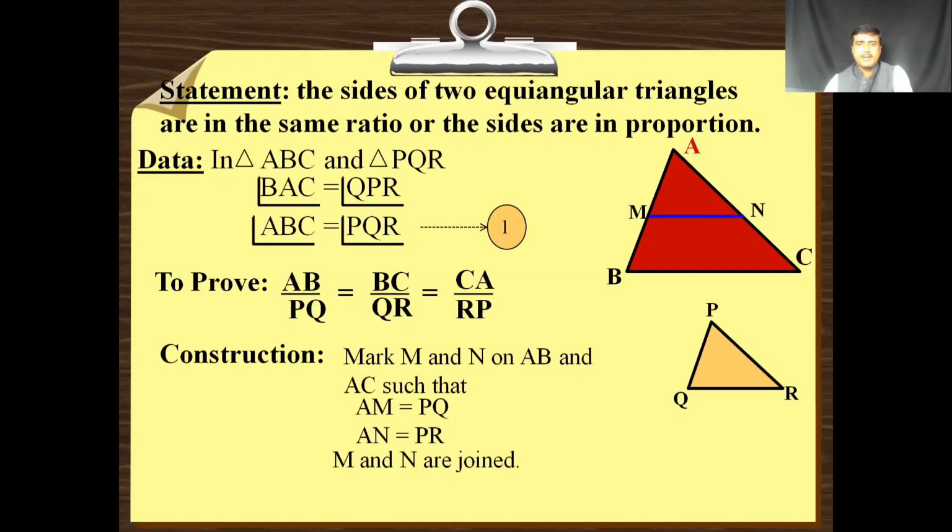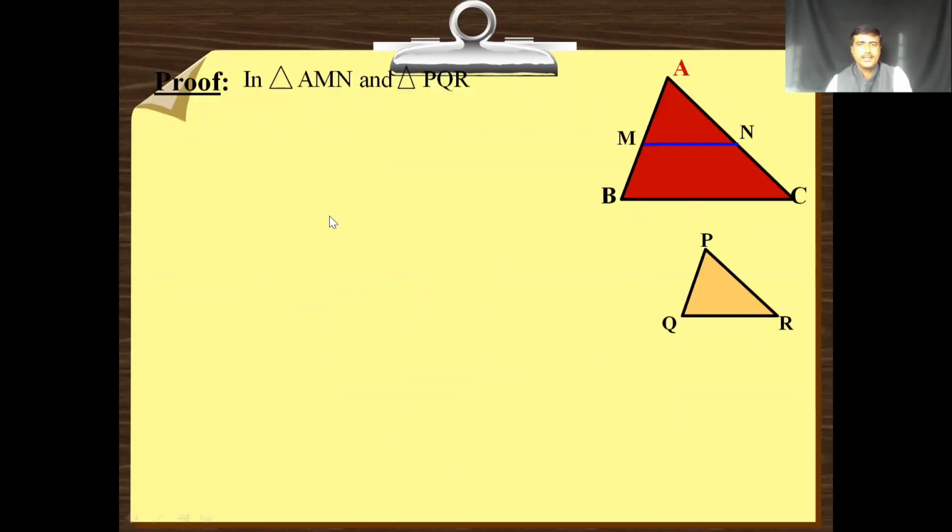Before I start proving, I am considering one of the angles here as equation number 1. Okay, now the proof. Let us compare this triangle AMN with the baby triangle PQR, and we will prove that triangle AMN and triangle PQR are one and the same. I mean to say, we need to prove that these two triangles are congruent.